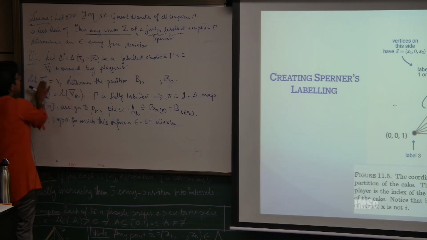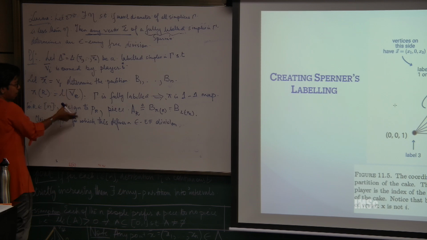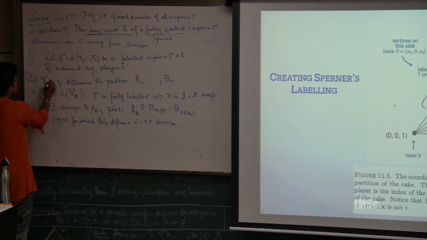So, I say x is actually equal to V1. I do not see how this is particularly useful, but okay. Without loss of generality, we can assume that we are talking about V1, because we are trying to prove that any vertex within this also gives it.